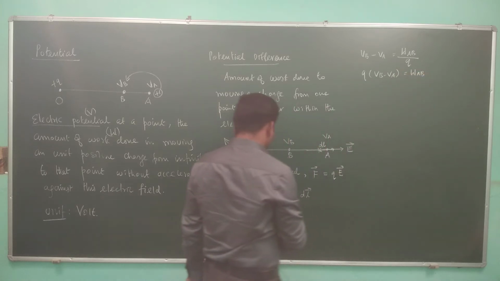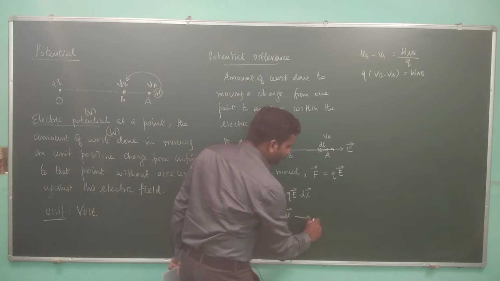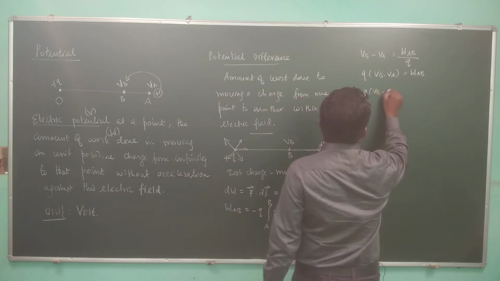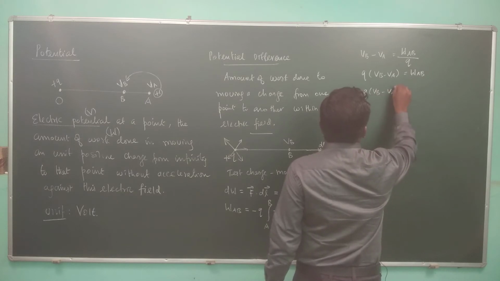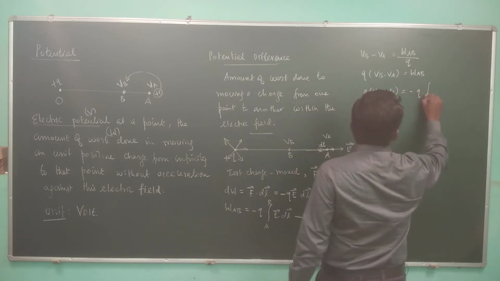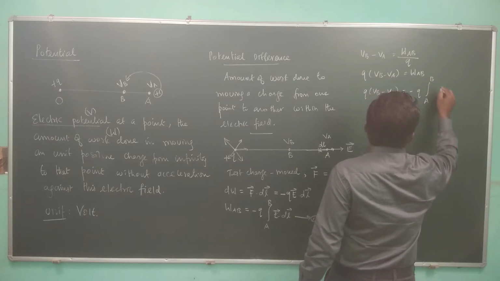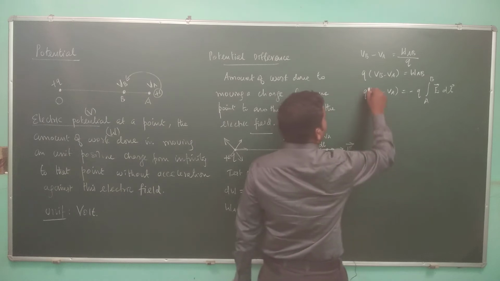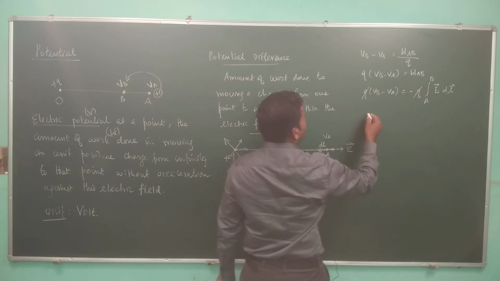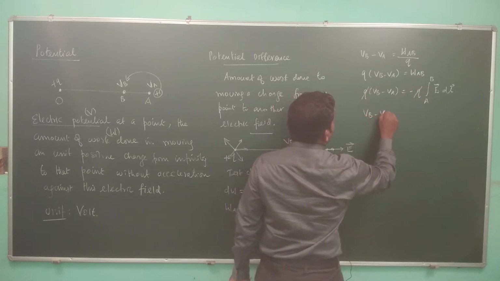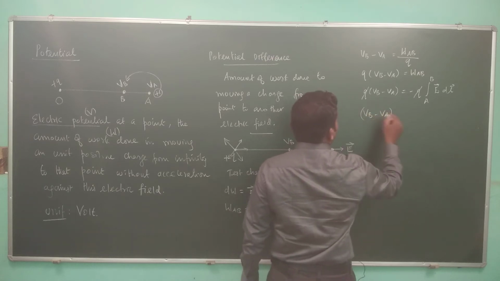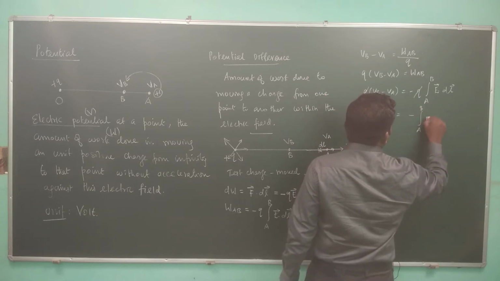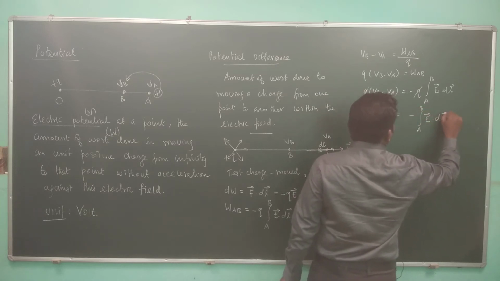We have the expression for work done here, equation 1, bring that here, so that Q times VB minus VA is equal to minus Q integral of A to B E dot dl. Now this Q and this Q will cancel, so that VB minus VA will become minus integral of A to B E dot dl.